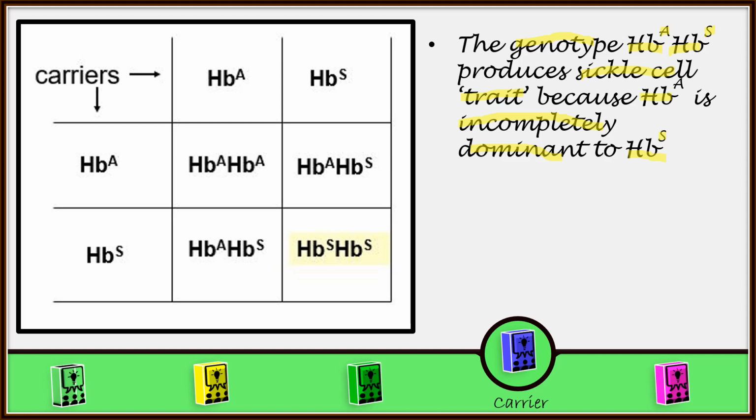So this individual here will produce sickle cell traits because the Hb normal is not completely dominant to Hb sickle.